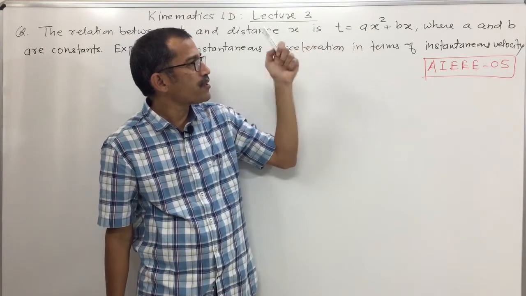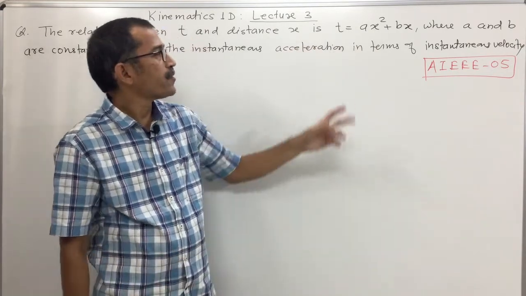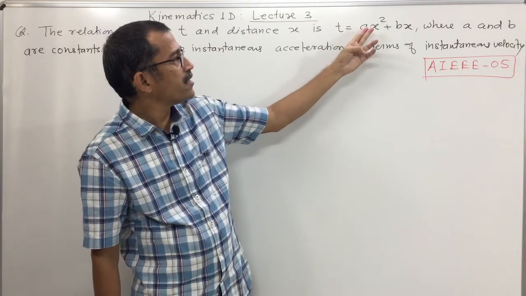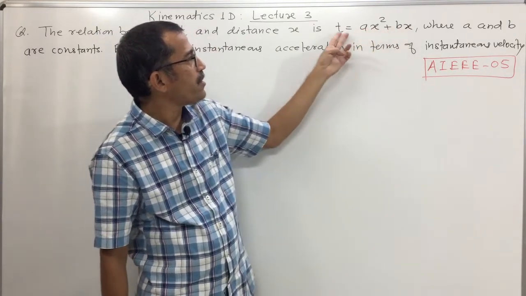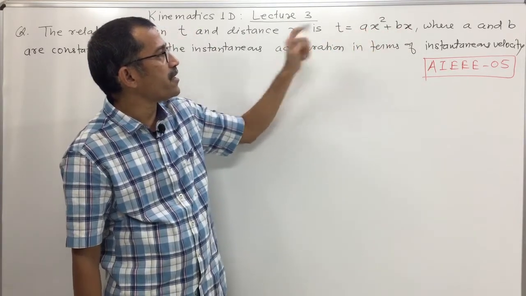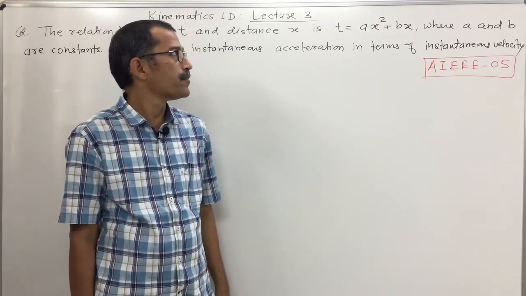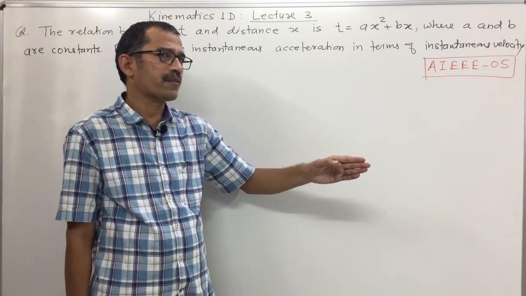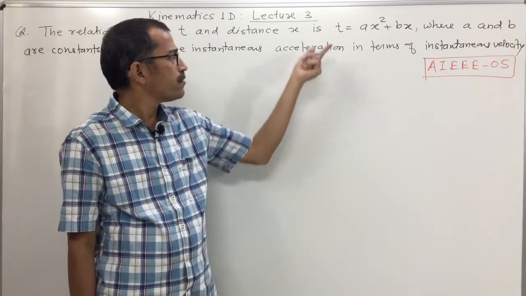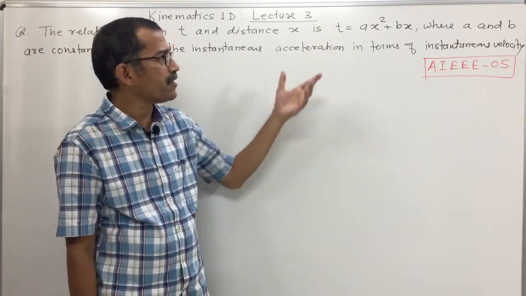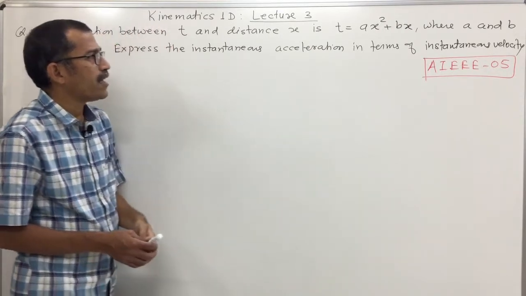From this, is a velocity equation possible or not? This t varies with respect to x. If we differentiate t with respect to x, dt by dx is possible. dt by dx means 1 upon v. You will get the velocity equation and then we will find the acceleration.